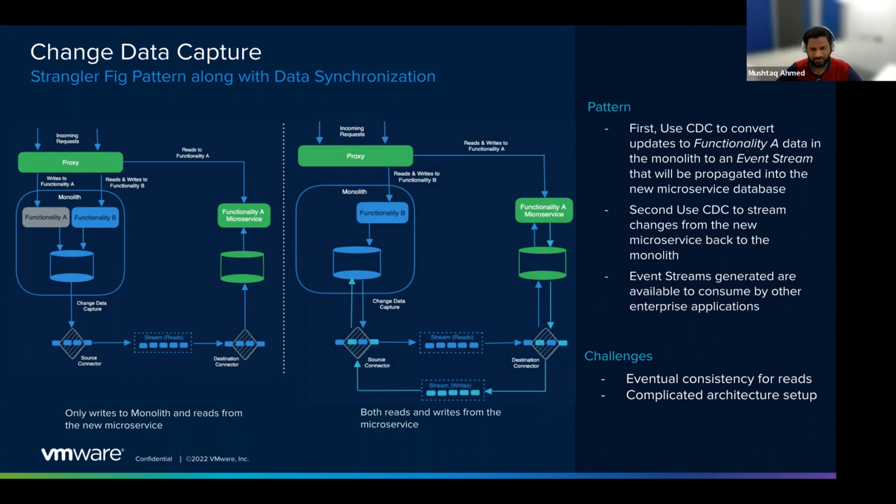In such cases as well, you could use change data capture, which allows you to read the changes from your new microservice database and stream them back to the monolith database. So this pattern is quite popular and used with tools like Debezium and Kafka to make sure that we have the data synchronization in place.